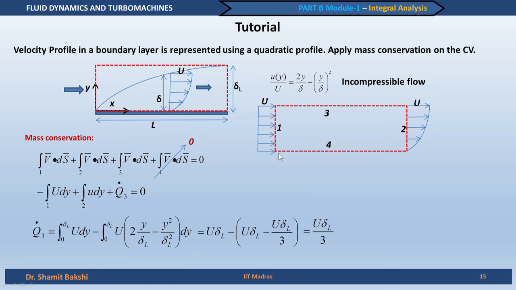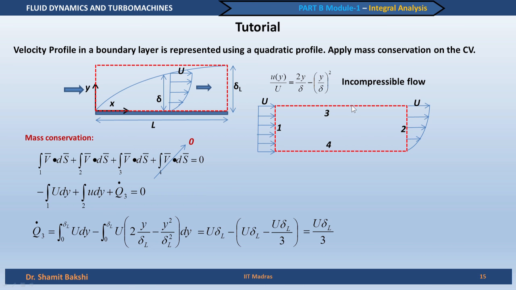If you consider a length, let us say w, perpendicular to the control volume, then this will be multiplied by w, that is the only difference. Now, coming back, we see that q3 dot is actually 1/3 of the volume which is coming into this control volume. So, 2/3 goes out through the other end of the plate, and 1/3 goes out through this part of the plate. This is very interesting.